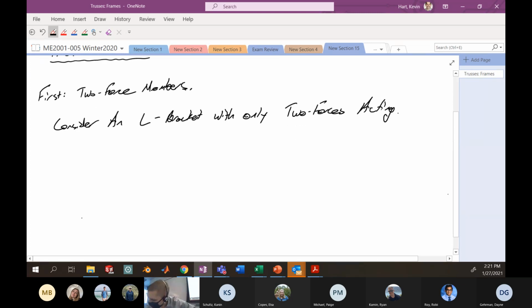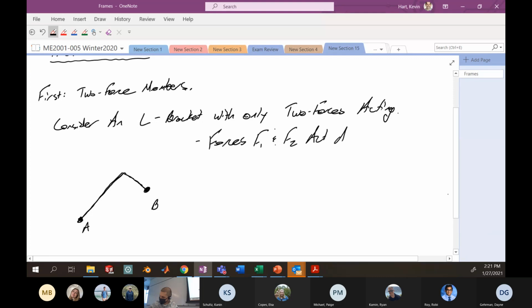So here's your L bracket that exists in space. All right. And let's say down here is point A, and over here is point B. All right. And let's now consider two arbitrary forces that are acting on this particular object. So F1 and F2 act at A and B.